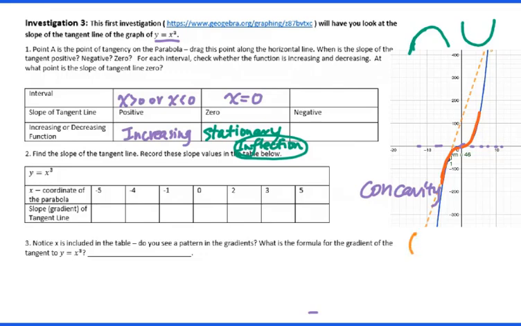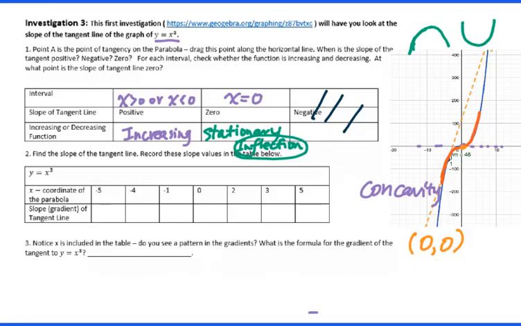In other words, at (0, 0), concavity changes. We call this an inflection point when concavity changes. So no negative slope of a tangent line for y equals x to the third power.